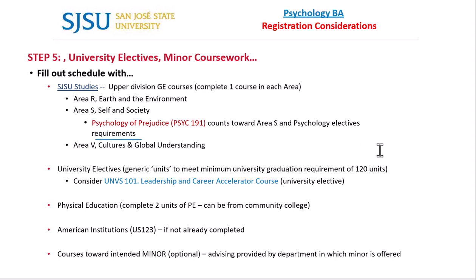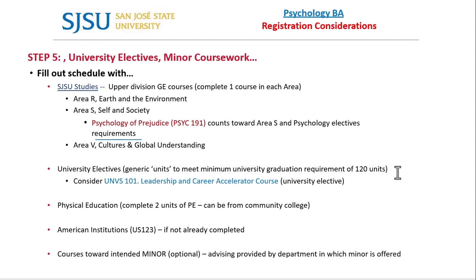Okay, so if you fulfill all of your GE requirements, upper and lower division, you fulfill all the psychology major requirements, and you still have not reached the 120 units that you're required to graduate, then you might just fill in your schedule with free electives. So they can be any class that we offer at San Jose State. You can take more psychology courses if you want to, but these university electives are just there in order for you to reach the minimum of 120.